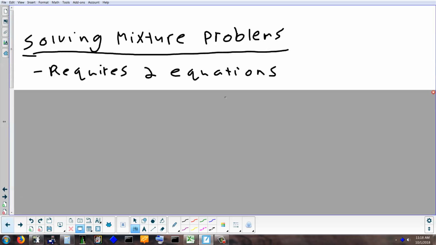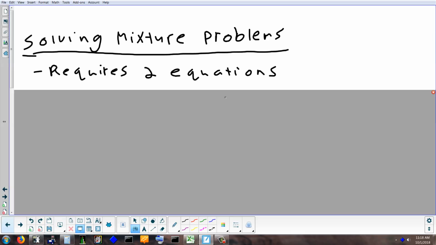When we do mixture problems, we're going to have to set up 2 equations. Let me give you an example. Usually you're going to be taking 2 chemicals and mixing them together. Sometimes you buy rubbing alcohol and it says on the bottle what percent it is. Sometimes it's 80%, sometimes it's 90%.